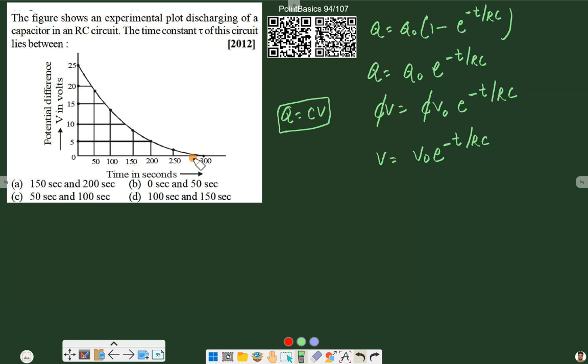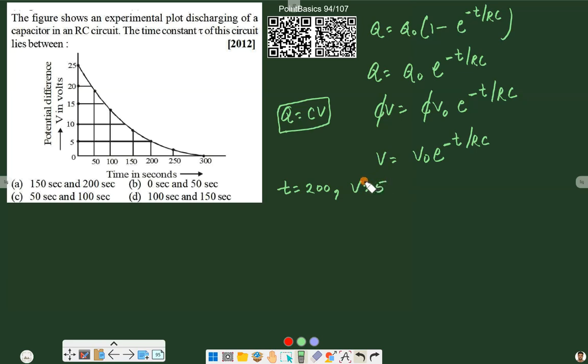Now considering any two points, suppose here t is 200. When t is 200, the corresponding potential V is 5.